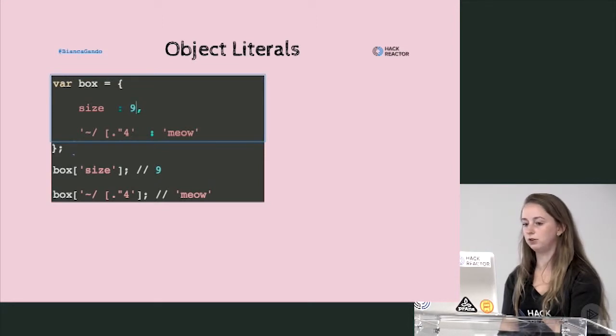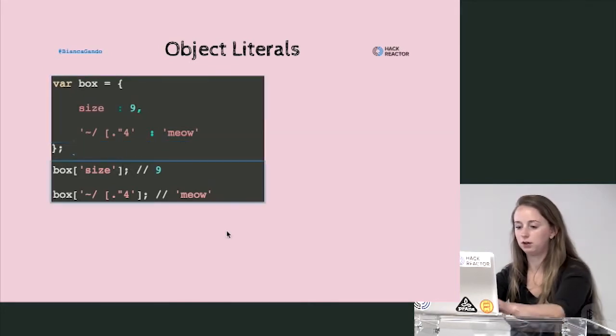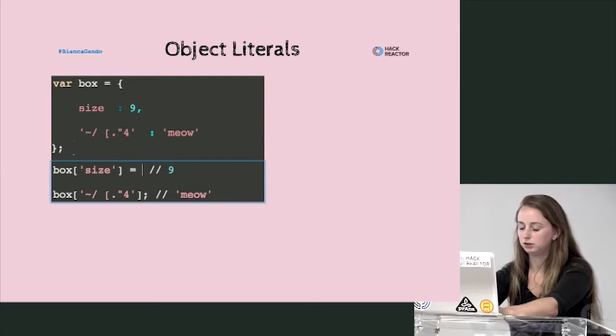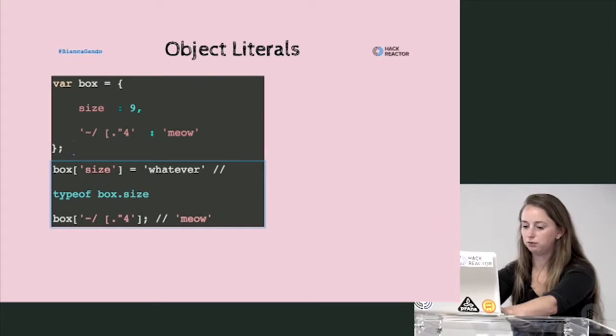So if we said box.size, we set it here as 9, and then we said box.size equals 9, whatever, then when we said typeof box.size, that would return, you know, it would return string. Does that answer the question? Yep.